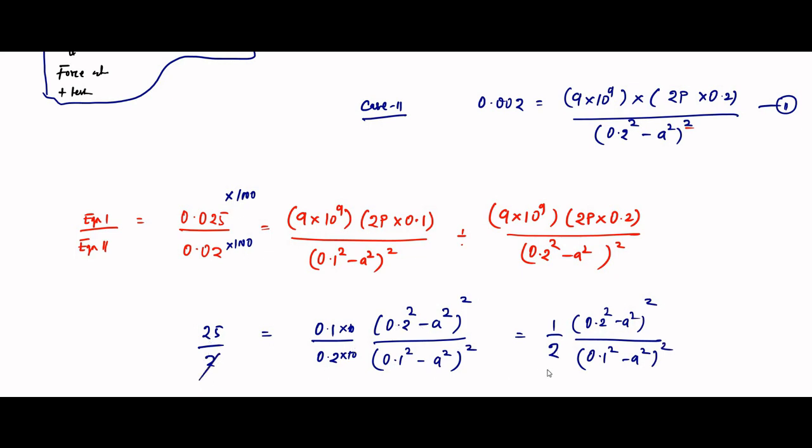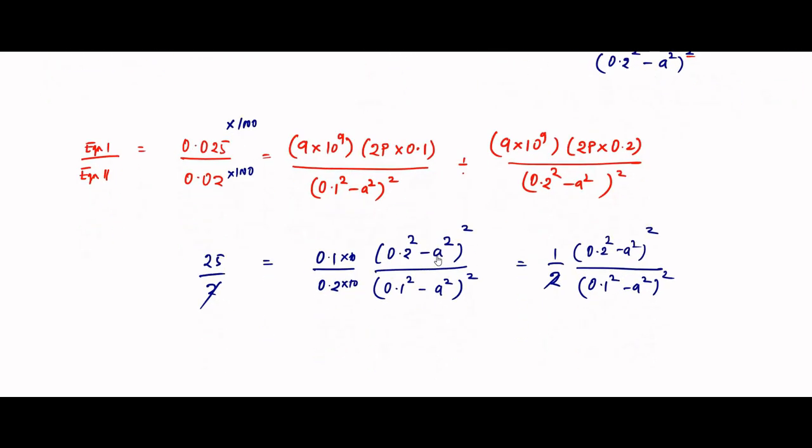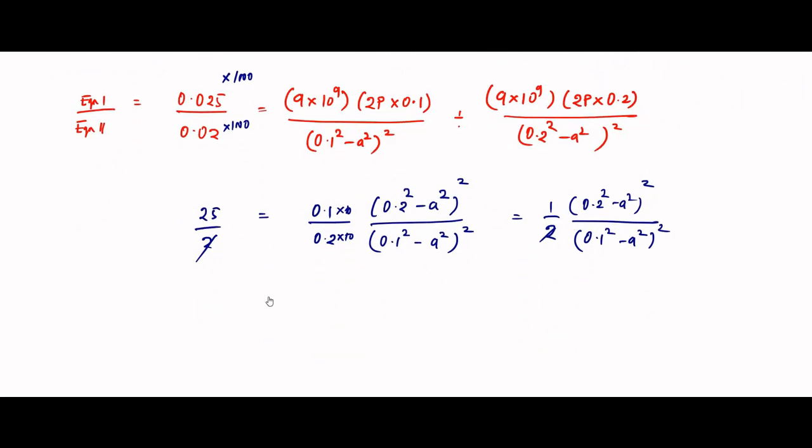2 gets cancelled, that implies 25 is equal to 0.2 square minus a square whole square by 0.1 square minus a square whole square.